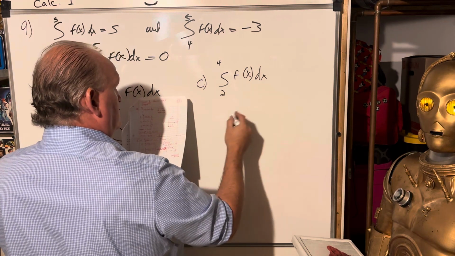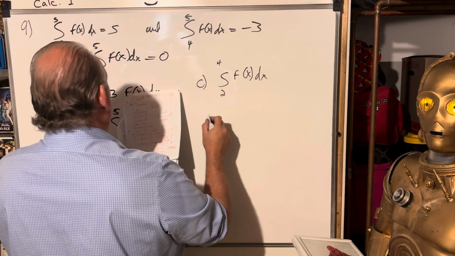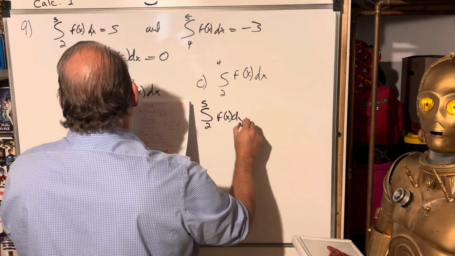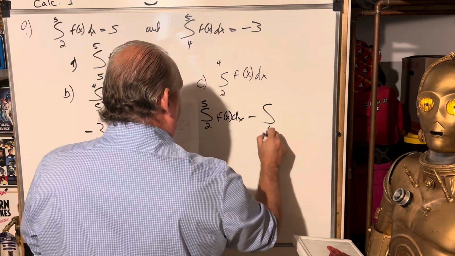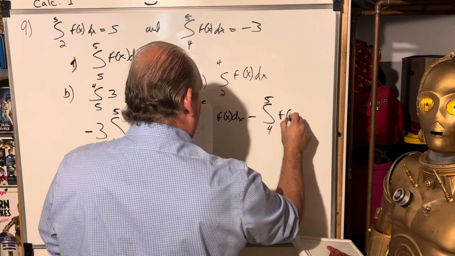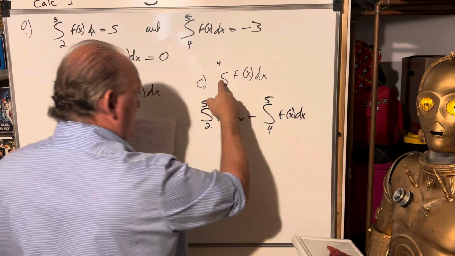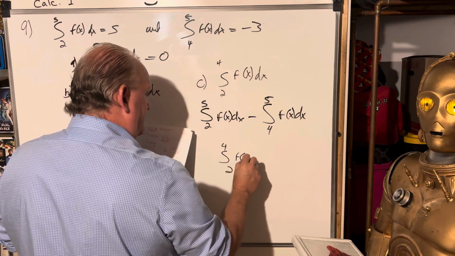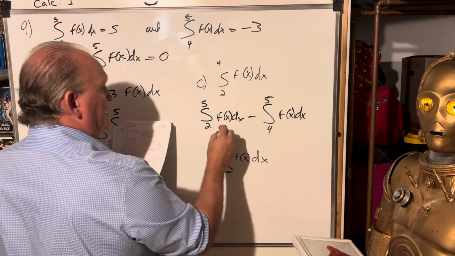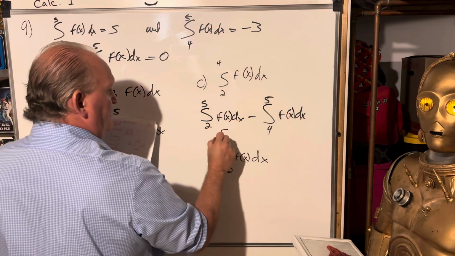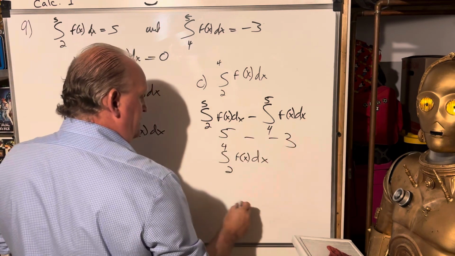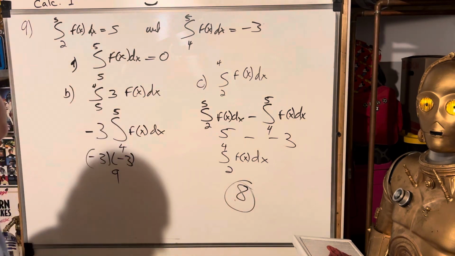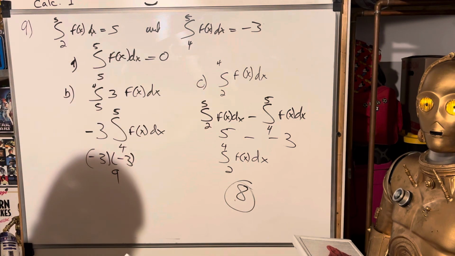The integral from 2 to 5 of f of x dx minus the integral from 4 to 5 of f of x dx results in the integral from 2 to 4 of f of x dx. So that is just 5 minus negative 3, which is 5 plus 3, which is 8. Okie dokie. So that was a quick review of those rules.